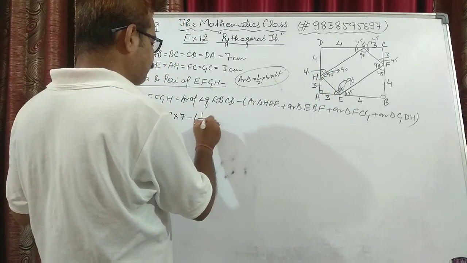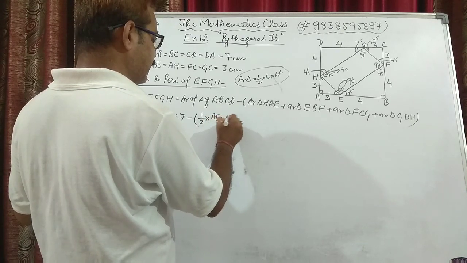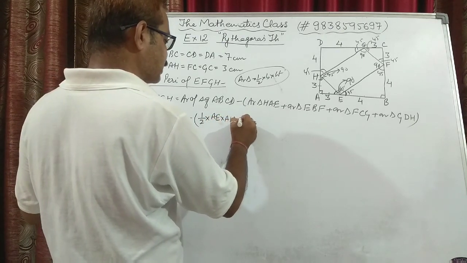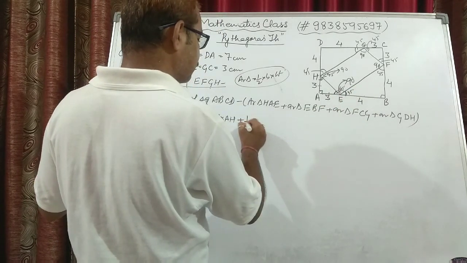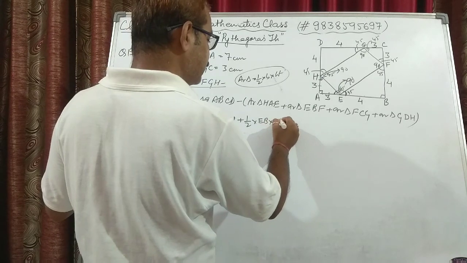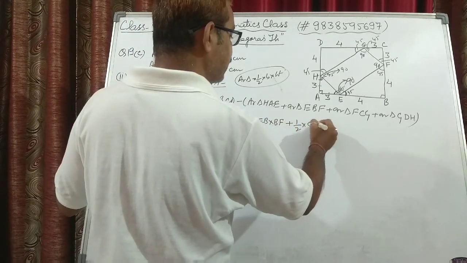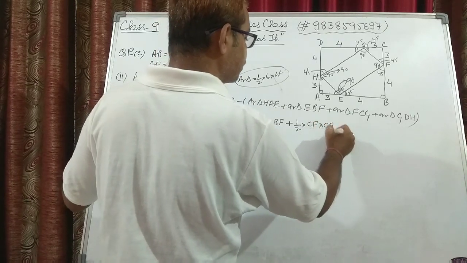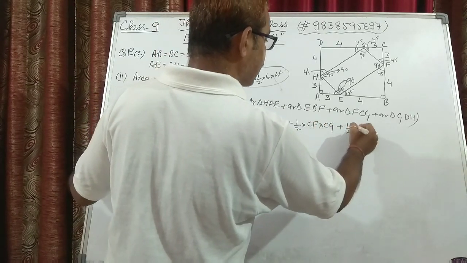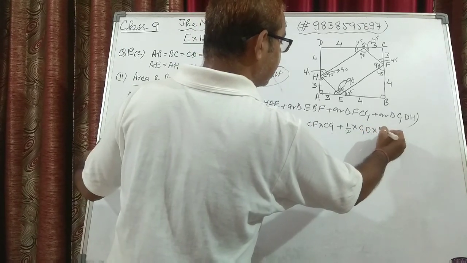So half into AE into AH, then plus in the second that can be written as half into EB into BF plus half into CF into CG plus half into GD into DH.